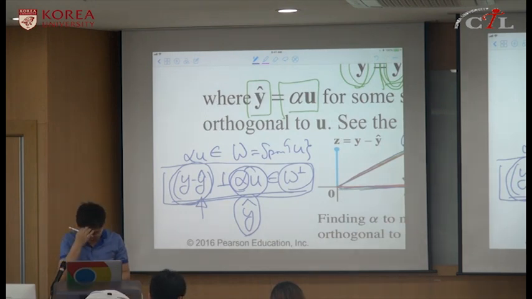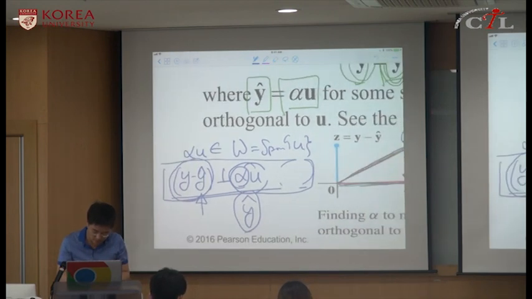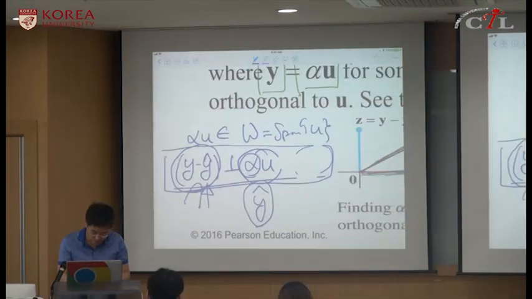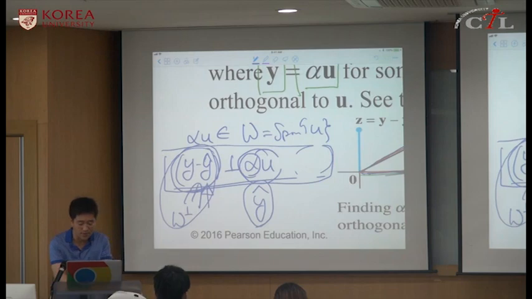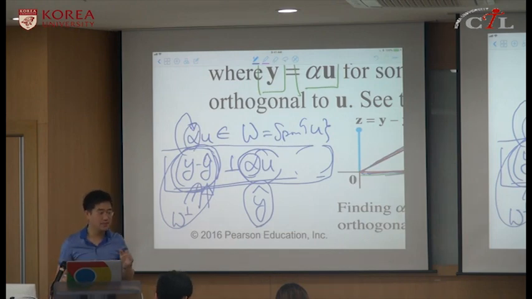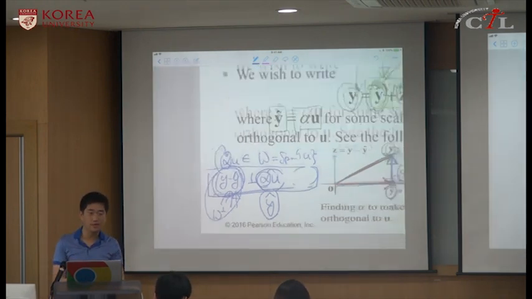So this is not belonging to W perpendicular. What belongs to W perpendicular is the left side, right? So this is W perpendicular. And this guy is always perpendicular to alpha u, even when alpha is changing to any other coefficient.